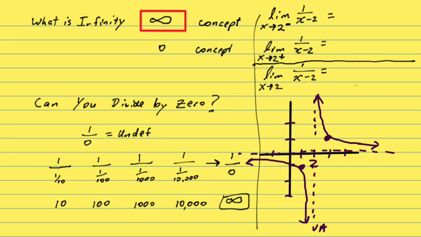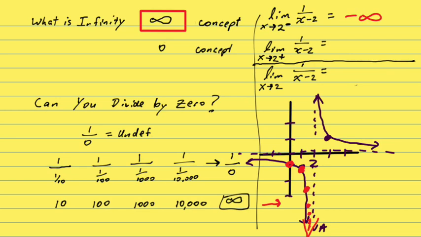Do you see where x is 2? I want to approach 2 but I want to approach it from the left. Is this close to x being 2? Kind of. Is this closer to x being 2? And I'm coming from the left. Is this closer to x being 2? What does it appear the y value is going towards?